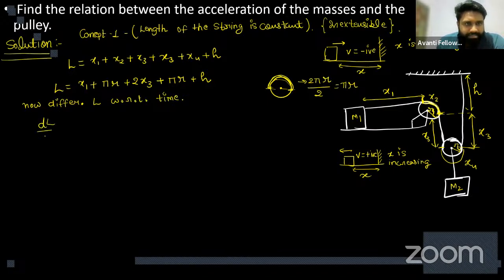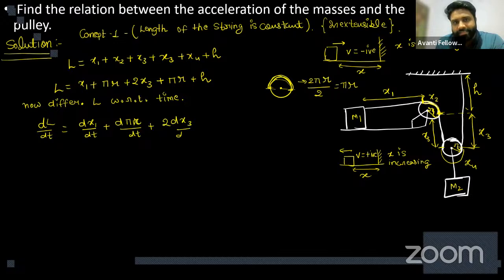So dL by dt is equal to dx1 by dt plus d of pi r divided by dt plus 2 times dx3 by dt plus d pi r by dt plus dh by dt. This h is also not going to change, because pulleys move upward and backward. So the pulley can come up to here at maximum. This h will remain the same. Okay.